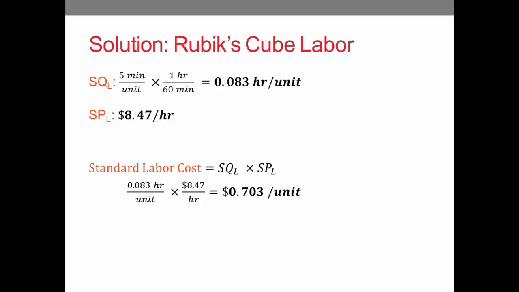It gives 0.083 hours per unit. And we have our price per labor at $8.47 per hour. So in order to find the standard labor cost, it would really just be multiplying those two values by each other to get $0.703 per unit. And that's reasonable considering that the material cost was about 20 cents.